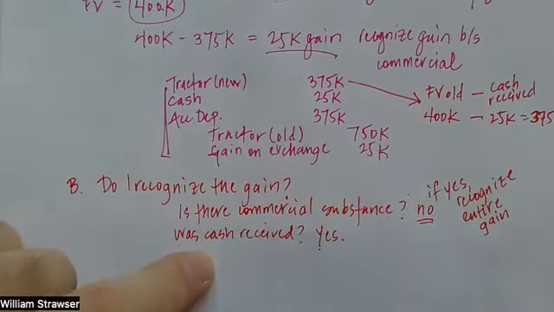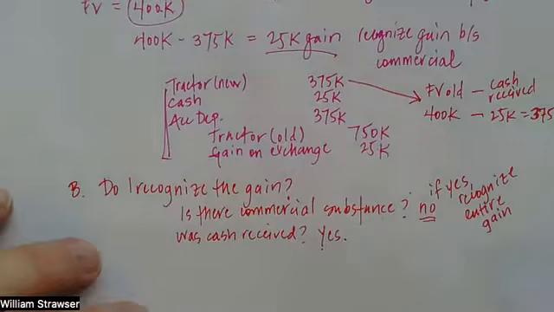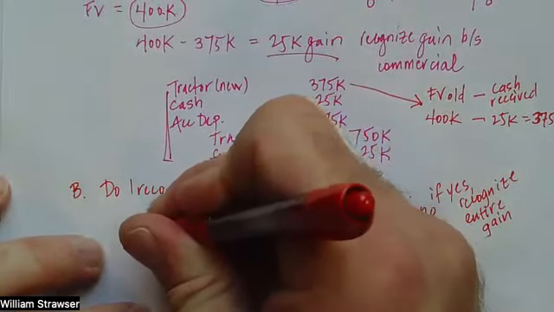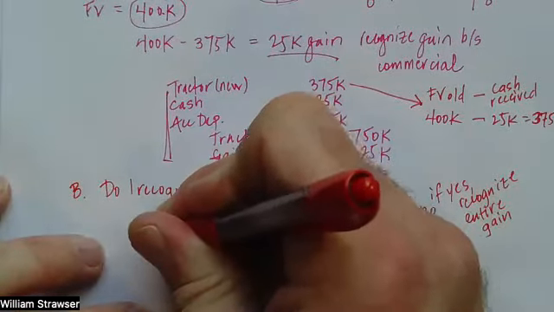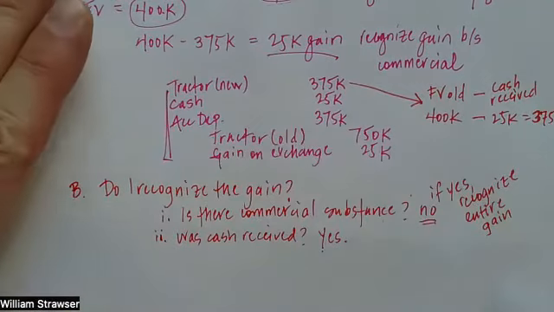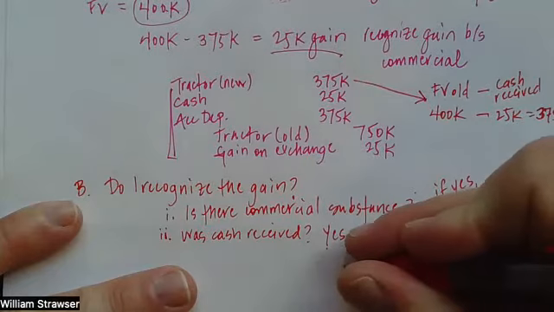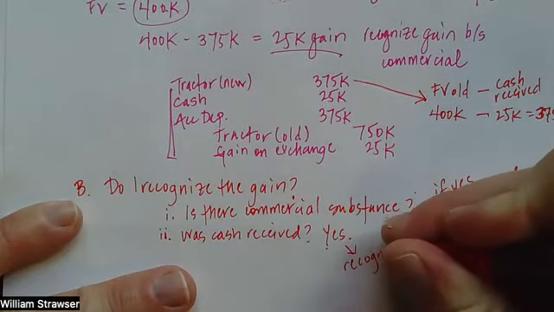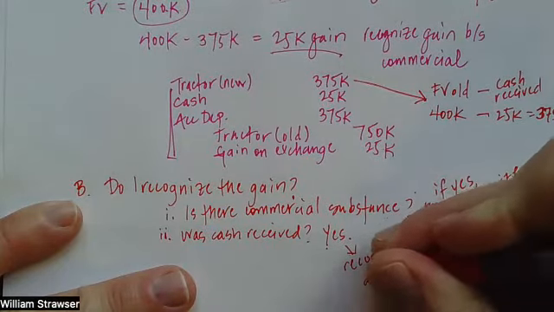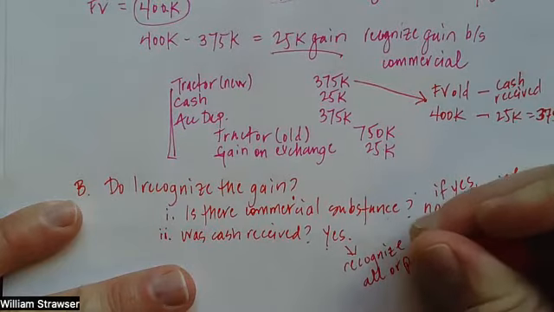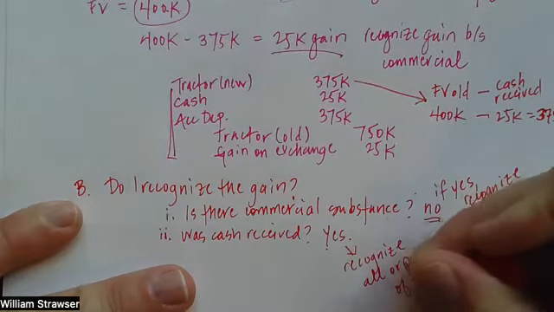If I recognize it because of the second criteria, then I have to do a little bit of calculation to determine whether I want to recognize all or part of the gain.